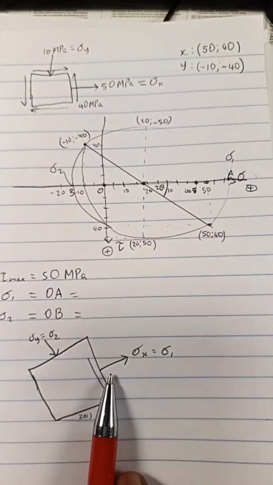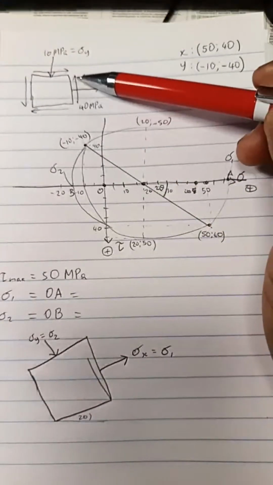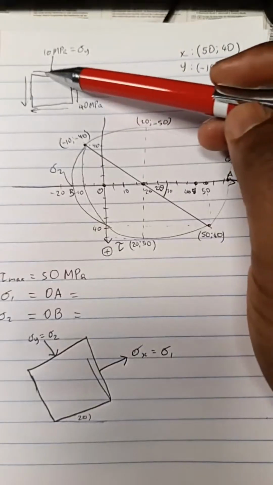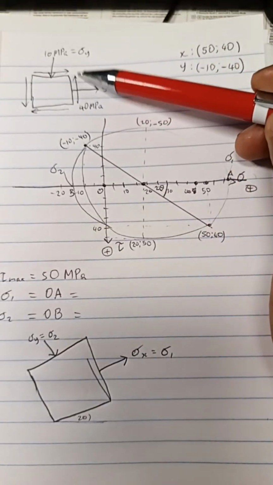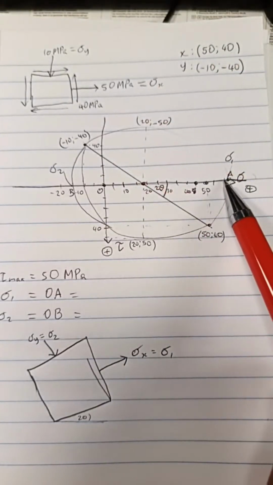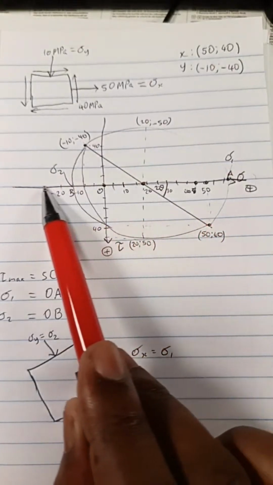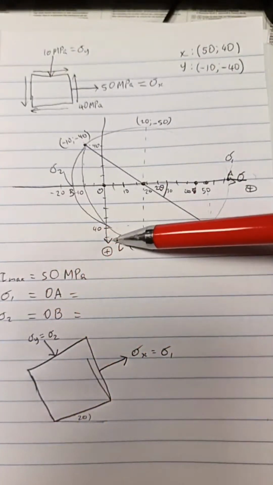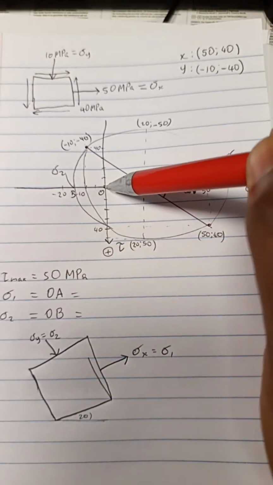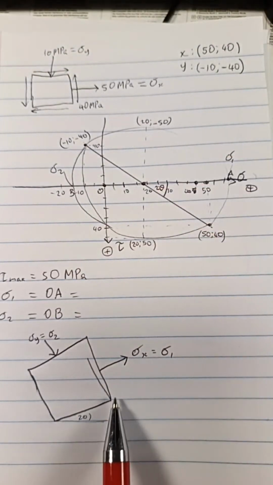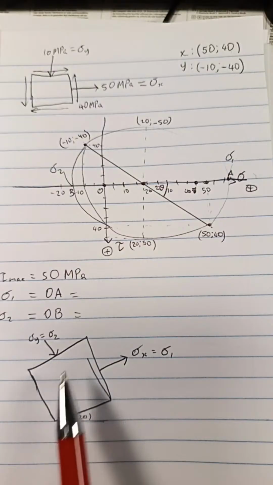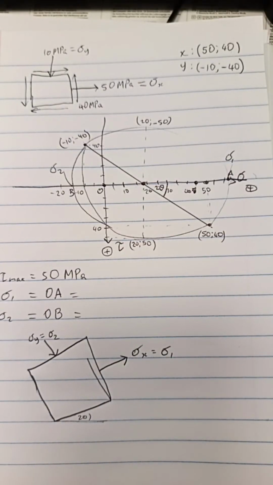And you'll notice that I did not draw these lines. Why? Because remember, these are principal stresses. When we talk about principal stresses, the shear stress is equal to 0. That is why I did not draw them. The shear stress right there is equal to 0. Okay?